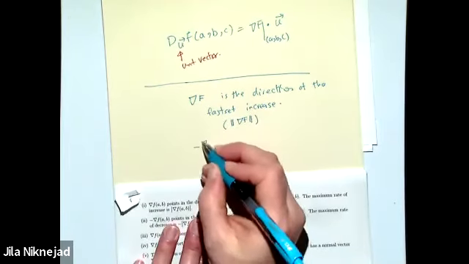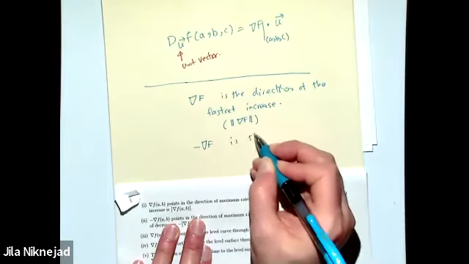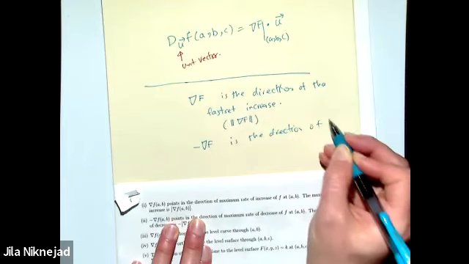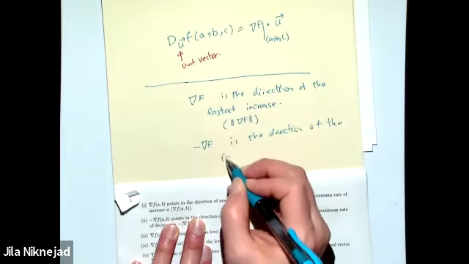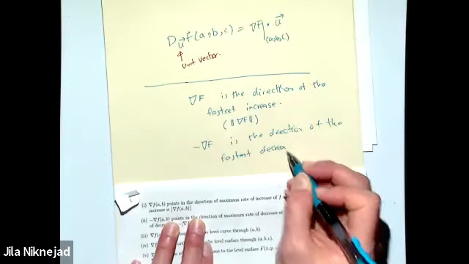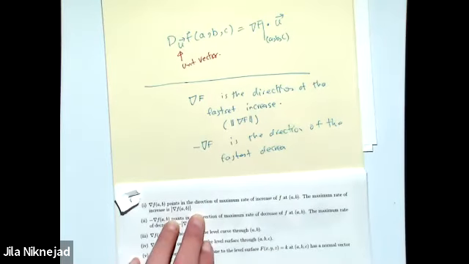The negative gradient of f is the direction of the fastest decrease. However you're going to get uphill, that's the steepest uphill direction.